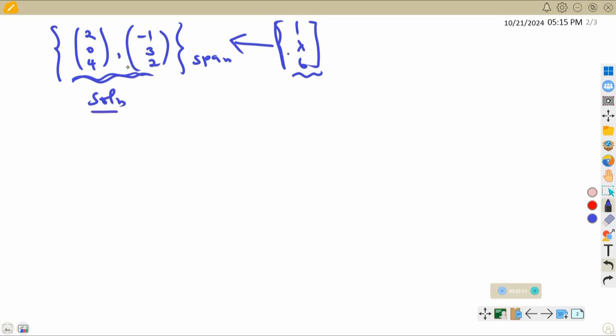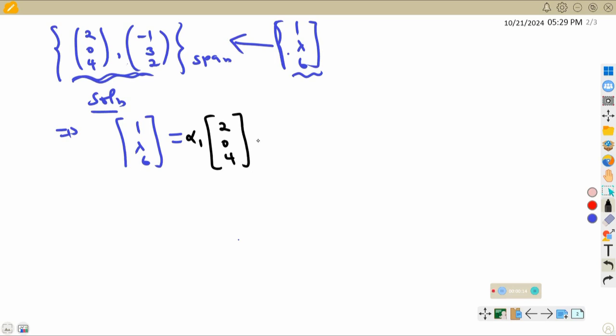So since this is already in the span of this, then it implies that we can write 1, lambda, and 6 as a linear combination of these vectors here. So this will be equal to some scalars, for example, alpha 1 into 2, 0, and 4 plus alpha 2 into negative 1, 3, and 2.